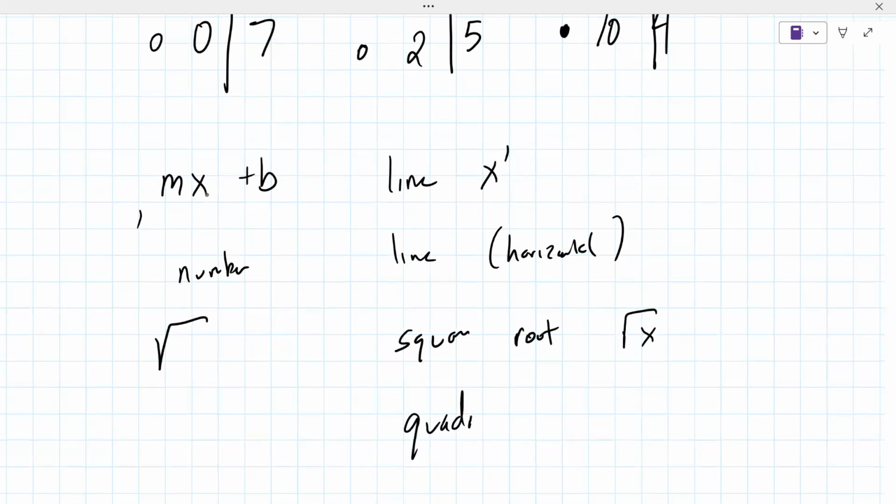What about a quadratic? What does that look like? I don't know. Power of 2. Have you seen that before? Yeah. Okay. So quadratics either open up or they open down, something like that.